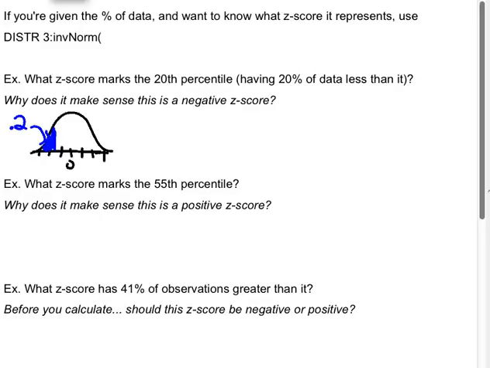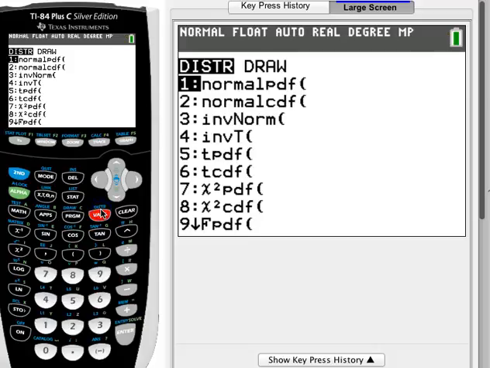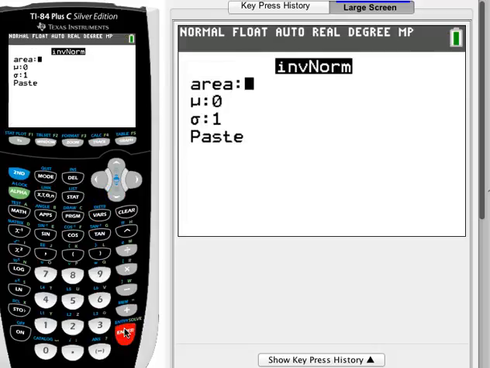So when we have the percent and we want to go back to the z-score, we're going to use inverse norm. Okay, so inverse norm is in that same distribution command, right here. So inverse norm, I'm going to put in 0.2, 20% of the area is what's less than the z-score that I'm looking for.